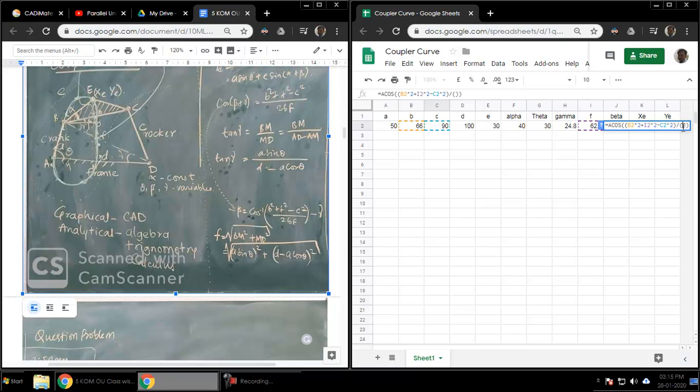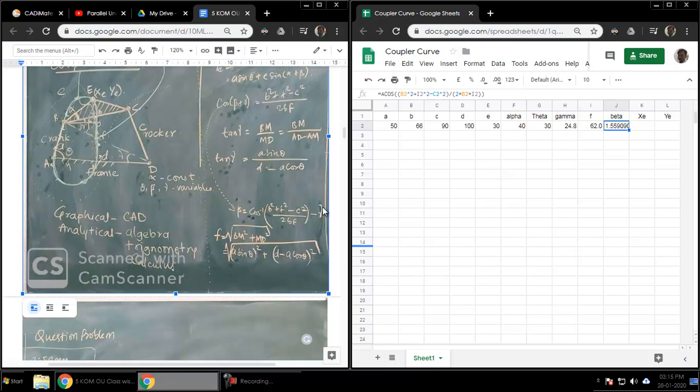Now I'll have to go for denominator in this bracket. So you have 2 into b into f. So that is in the denominator. So this complete value will be calculated as the value for cos inverse. So cos inverse of this, we are getting this value in the form of radians.